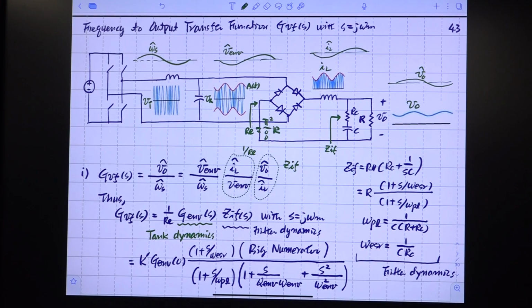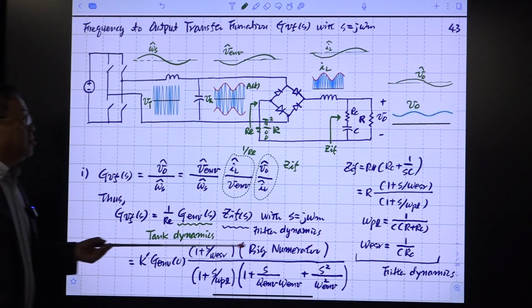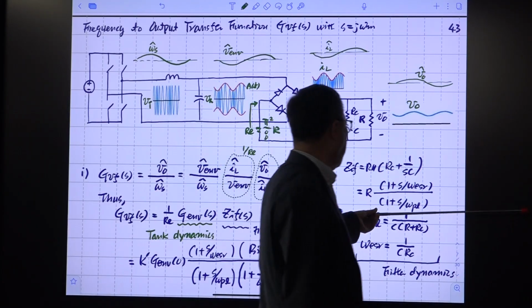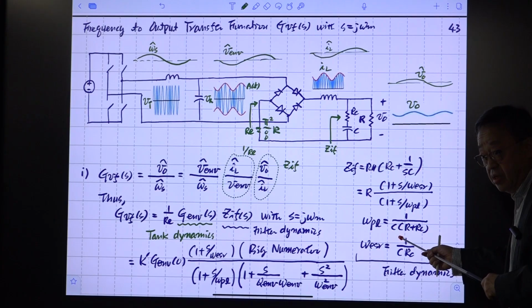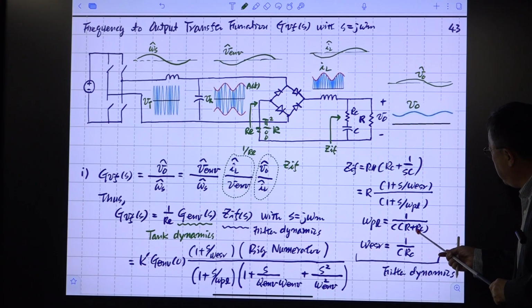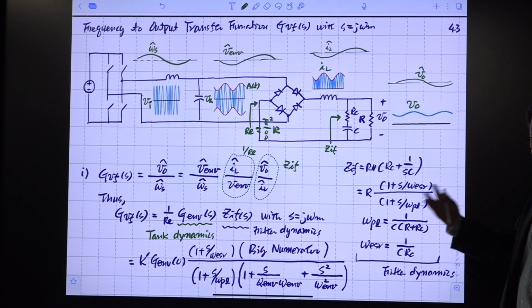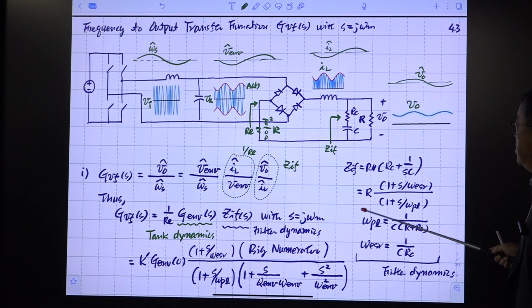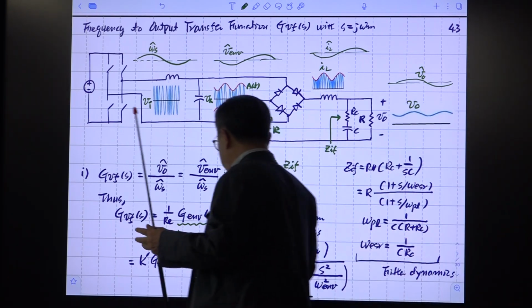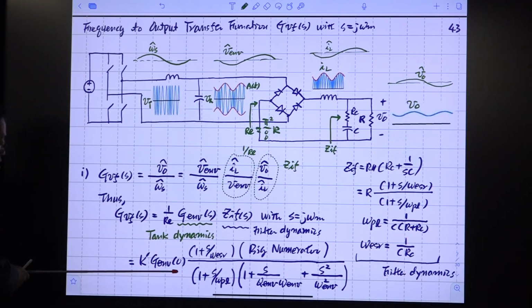Omega ESR is in the numerator, and the pole is in the denominator, so omega PL is this one. Okay. If R is much larger than RC, which is true for most cases, you may ignore this, right? Anyway, you have 1 zero, 1 pole, this gain, and you multiply all of them together, then you have this.